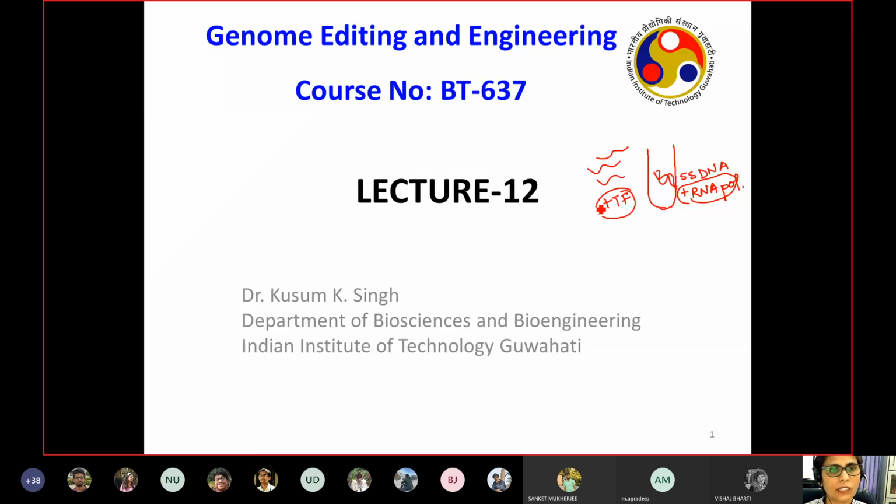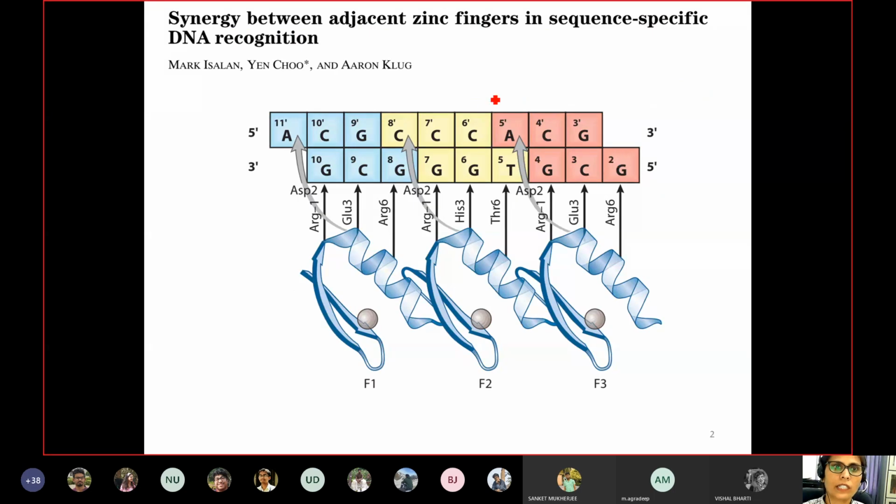After that, the crystal structure actually gave us the details of amino acids, specifically at positions -1, 3, and 6, that established contacts with 4 base pairs in the DNA. Now thus, these zinc finger motifs provide an excellent framework for designing DNA binding proteins with a variety of new sequence specificity.